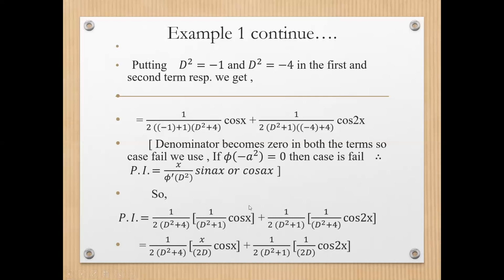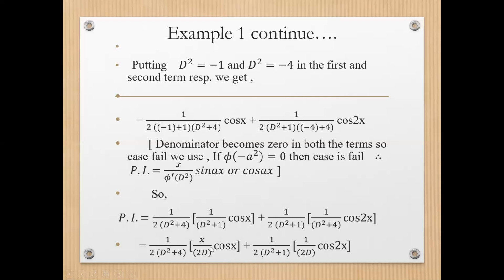Now see here, 1 upon 2 times (D square plus 4), x upon 2D cos x, plus 1 upon 2 times (D square plus 1), 1 upon 2D. If we put D square equal to minus 1 here, the denominator becomes 0. At that time we have to use this property, x upon phi dash of D square. So that's why here is x upon phi dash of D square. What is phi here? D square plus 1. What is its derivative with respect to D? 2D into cos x.